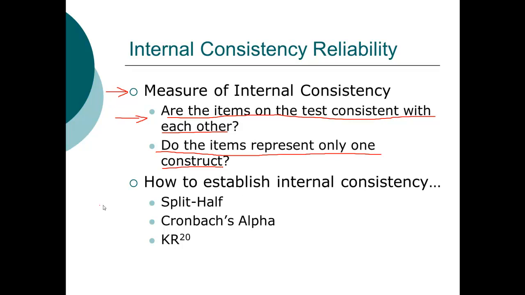There are some ways to look at internal consistency. These two right here are no fun. They're major statistical computations. Split half, very simple thing. All you do is put together a test, split it in half, and give the test to one group and give the other test to another group, and then compare the results.